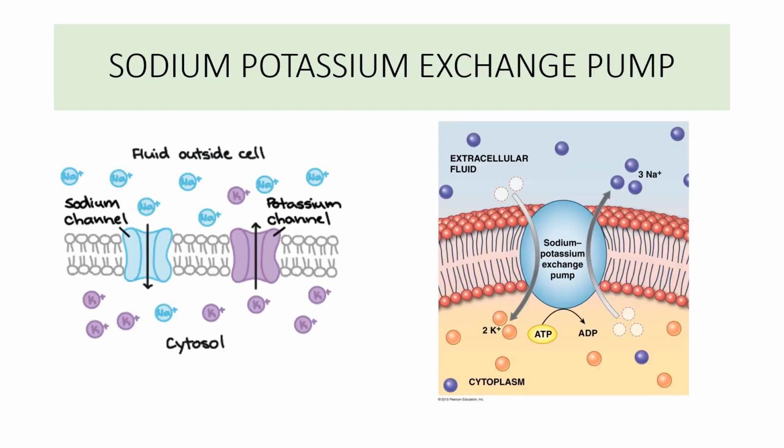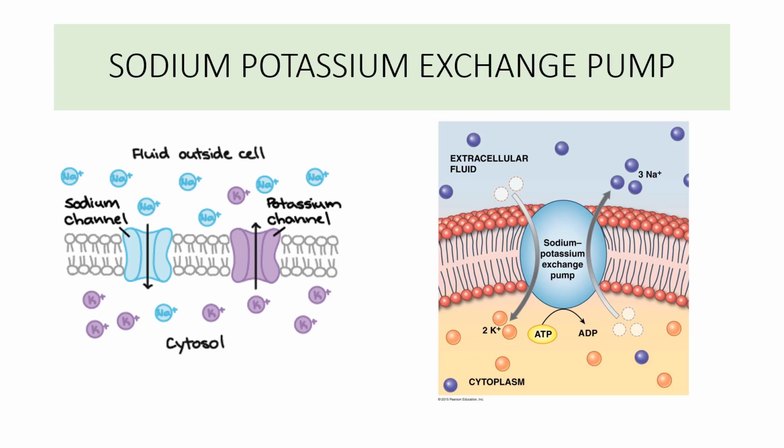Next terminology is sodium potassium exchange pump. The sodium potassium exchange pump is responsible for the movement of the stimulus in the case of the muscles. One molecule of ATP is required to throw 3 molecules of sodium out and 2 molecules of potassium in.